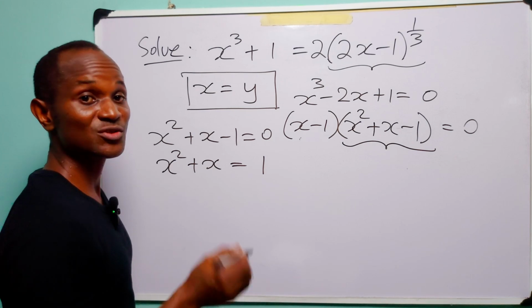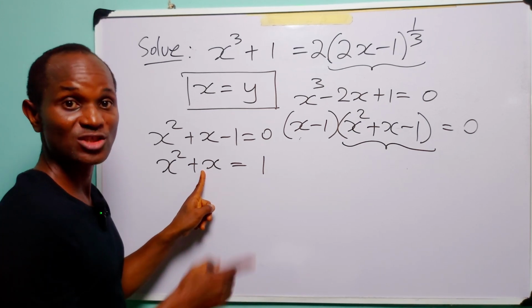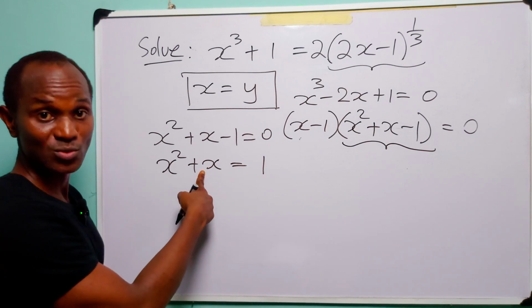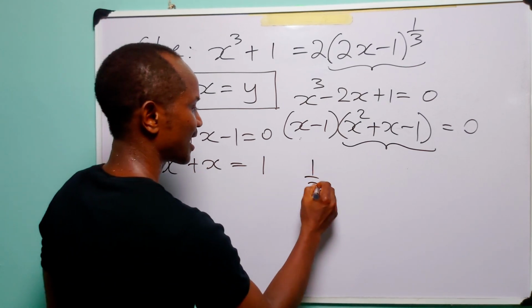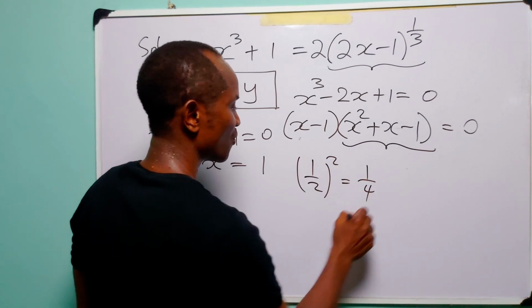Now, the next step is to add the square of half the coefficient of x to both sides of the equation. Now, what is the coefficient of x? It is 1. Half of it is half, and the square of it is 1 over 4.